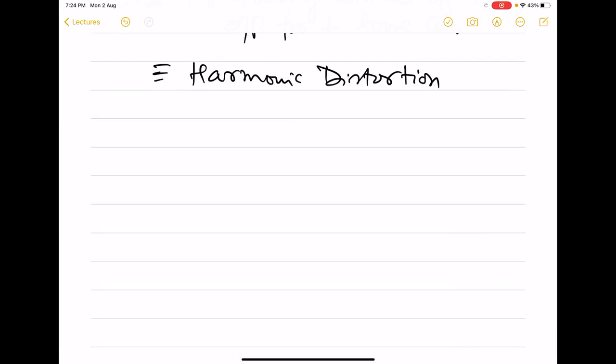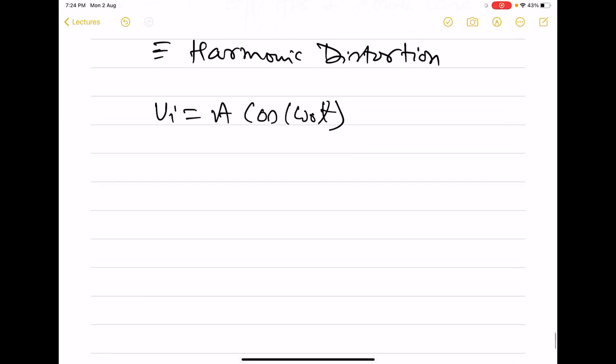So we have our usual input A cos omega naught t, and this is being fed to an amplifier whose output is A1 Vi plus A2 Vi square plus A3 Vi cube. Now we want to know what the output will be.